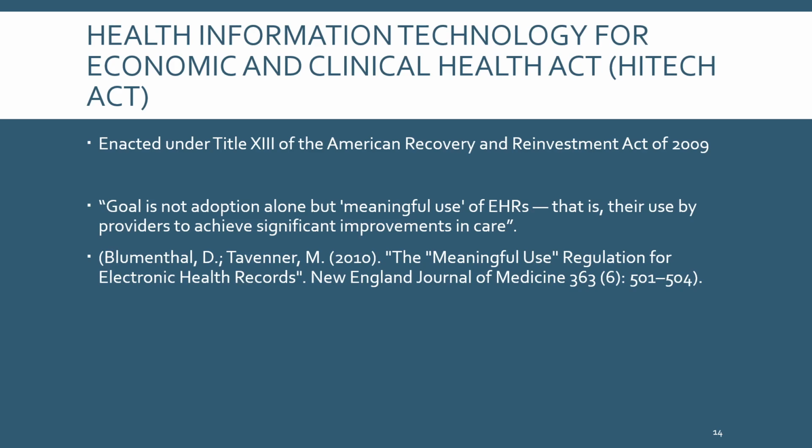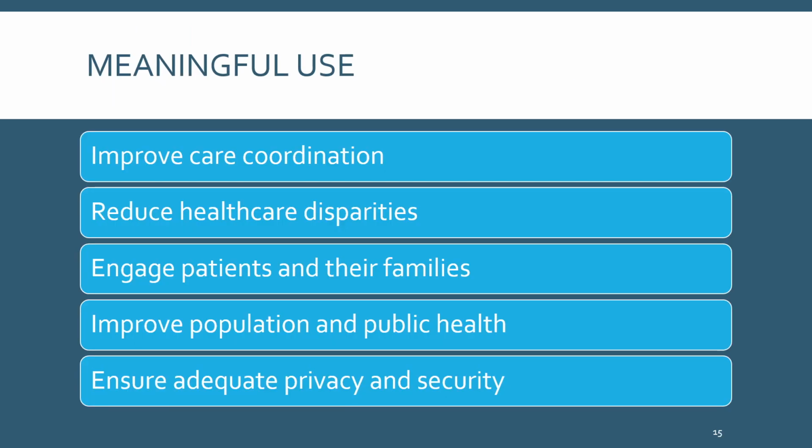In order to incentivize the adoption of electronic health records, they expected to have some outcomes at the end. When we look into the history and the critics, people were saying, hey, meaningful for whom? Because it was not really meaningful for patients or providers. It was more meaningful for public health. And meaningful use at that time was to improve care coordination, reduce healthcare disparities, engage patients and their families, improve population and public health, and ensure adequate privacy and security.